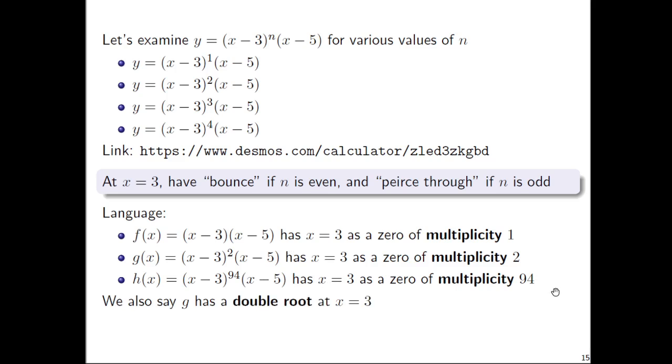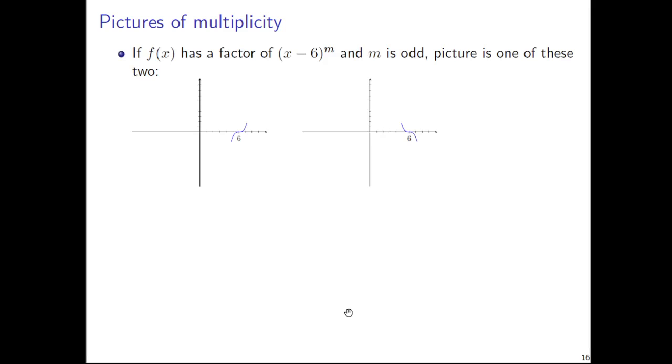We can also say that this function g, because the multiplicity is 2, we'll use the phrase double root, or double 0, at x equals 3. So based on what we had just seen with Desmos, here are some pictures of what multiplicity ought to look like.